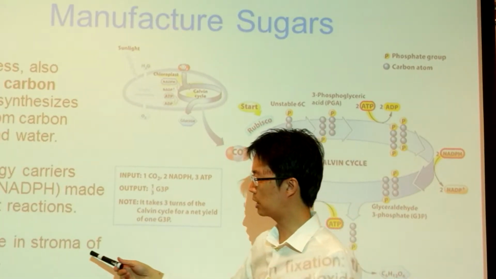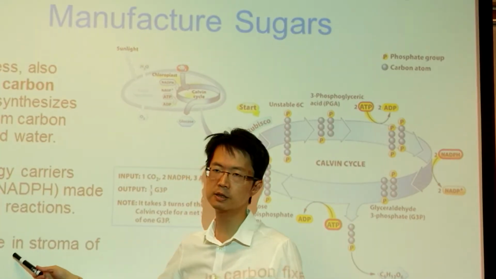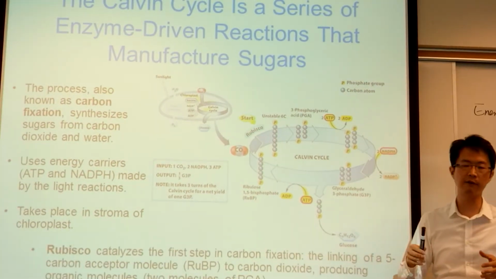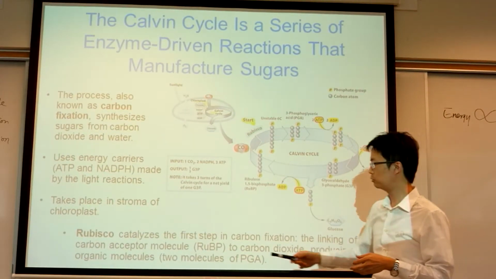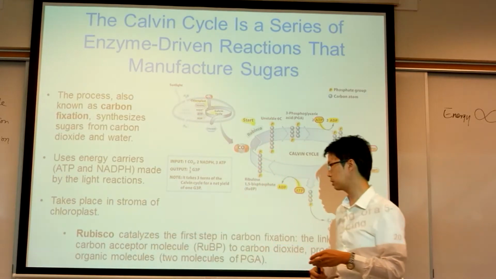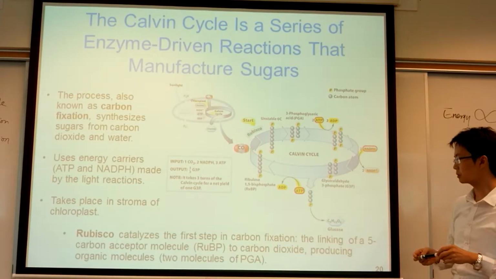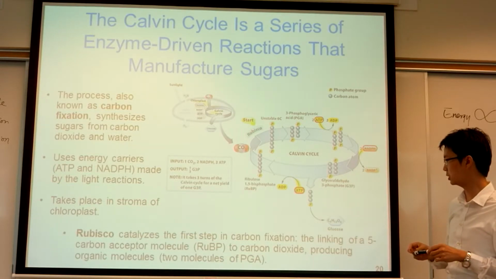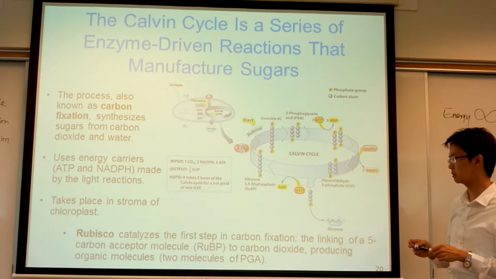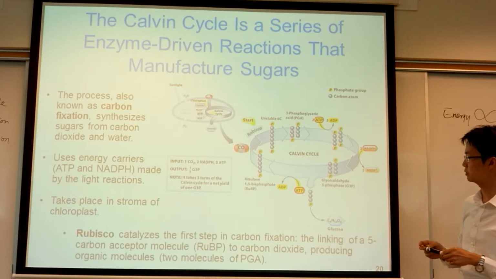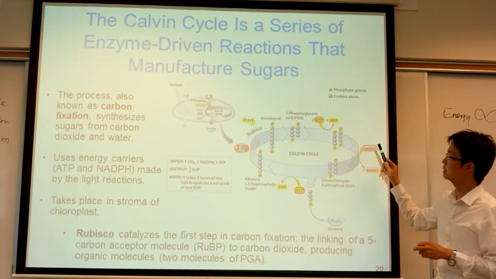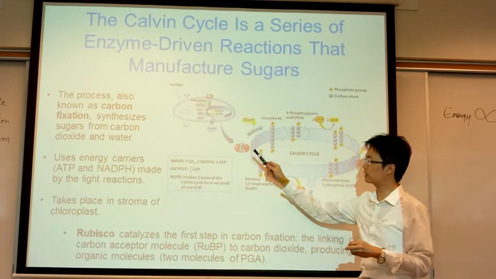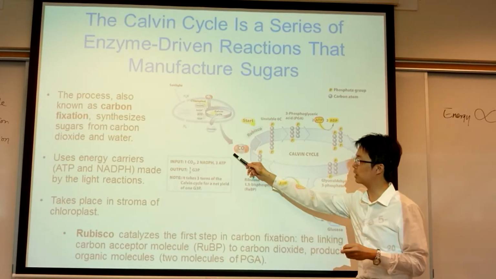The location is the stroma of the chloroplast. That means the Calvin cycle occurs outside of the thylakoid. And then it talks about Rubisco. Rubisco catalyzes the first step in carbon fixation, combining RuBP and carbon dioxide to produce PGA. So the input is carbon dioxide.